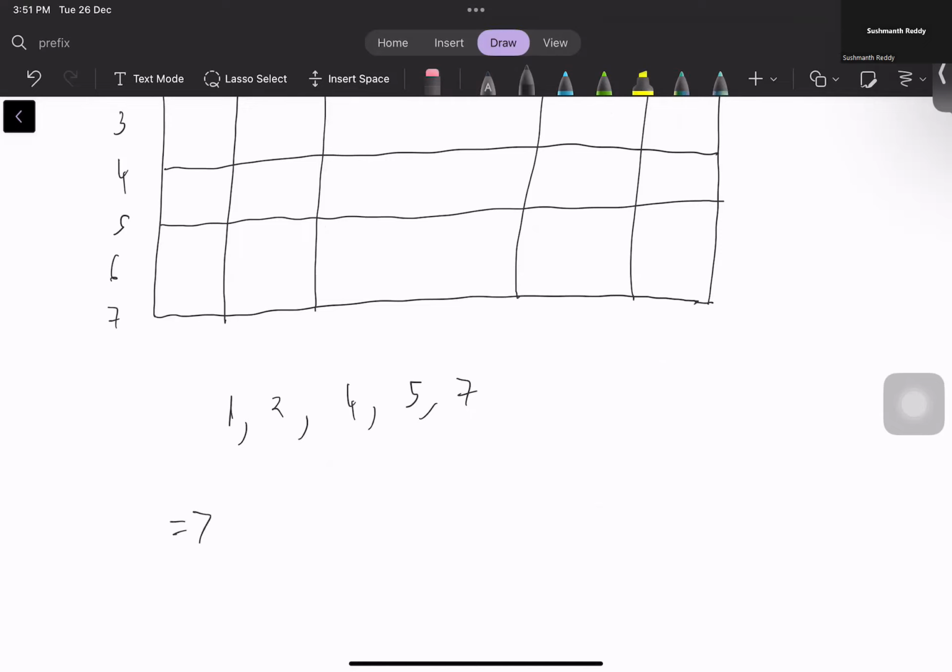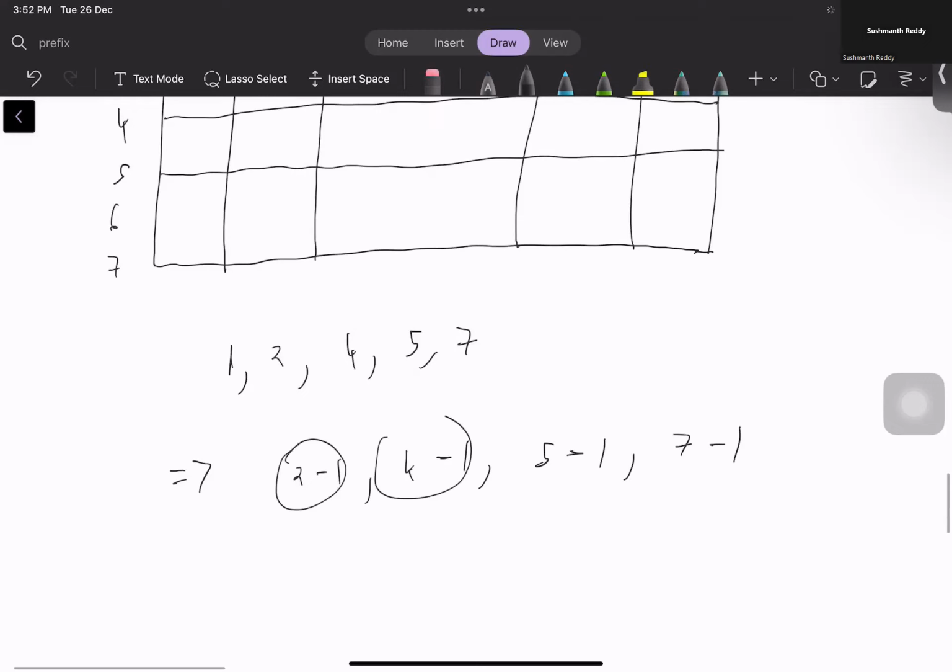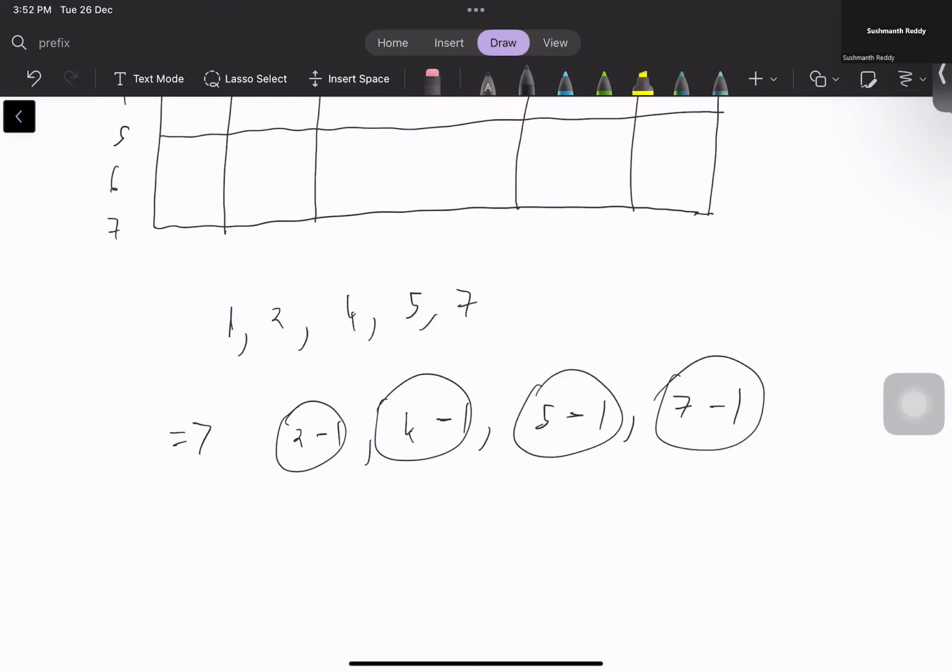So ultimately we can say we can make 2 minus 1, 4 minus 1, 5 minus 1, 7 minus 1. These are the distances that we can make, vertical side distances that we can make.